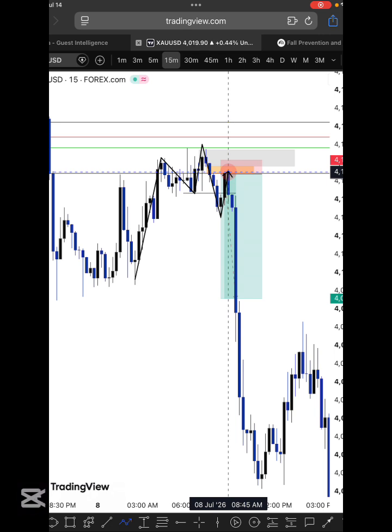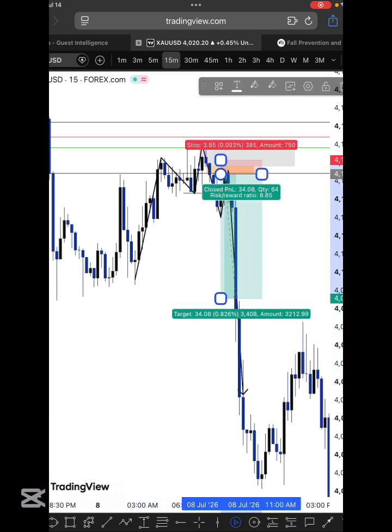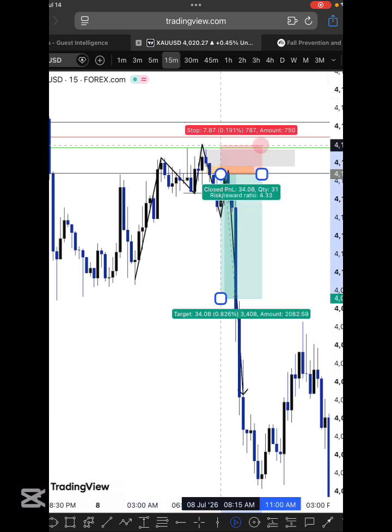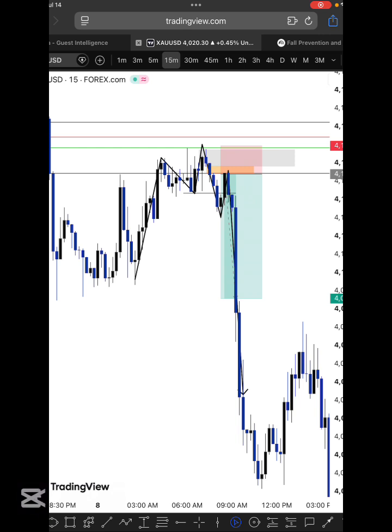Honestly, most times when you have this type of fair value gap, they are low probability, because the breaker block is not inside of the fair value gap. That's one of the reasons why somebody would just say, let me put the stop loss here, because this is not a high setup. This setup is not like your A setup.